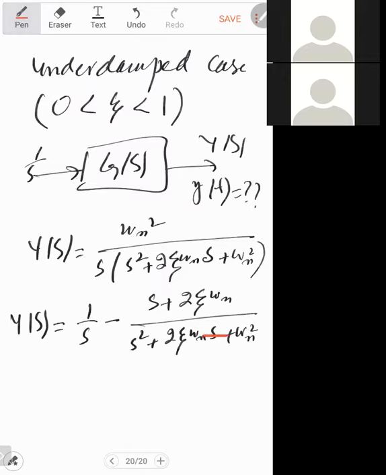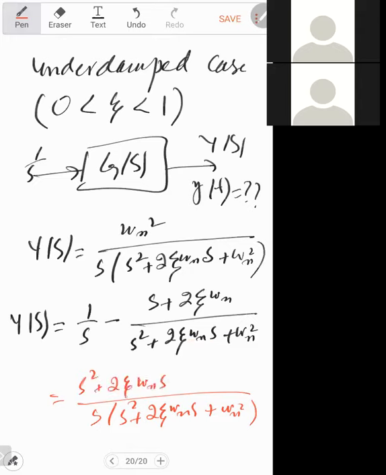You see, if you take this as the LCM, s multiplied by s square plus 2 zeta omega n s plus omega n square, then this one will become equal to s square plus 2 zeta omega n s plus omega n square, and the second one will become equal to minus s square minus 2 zeta omega n s.